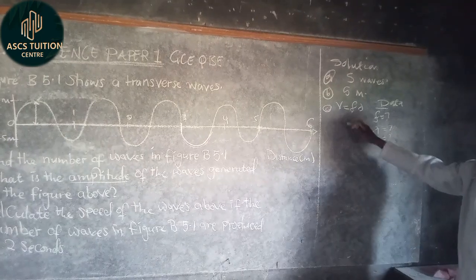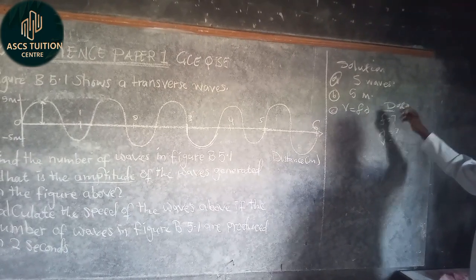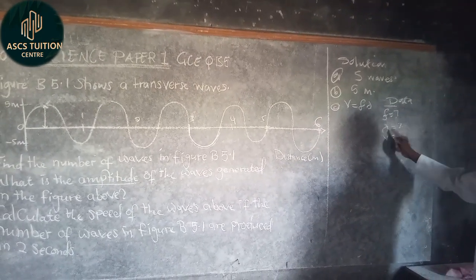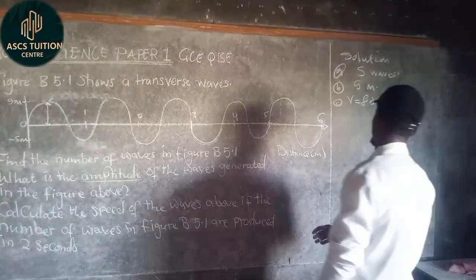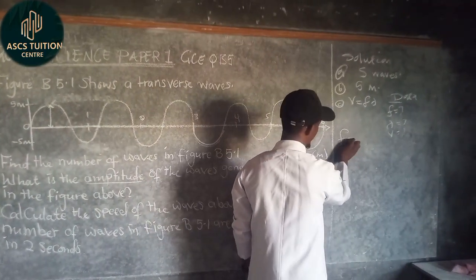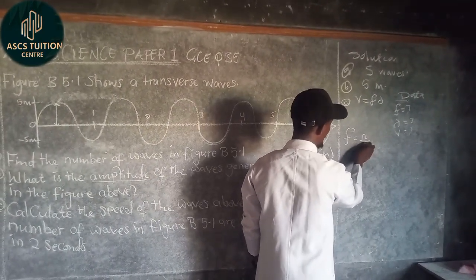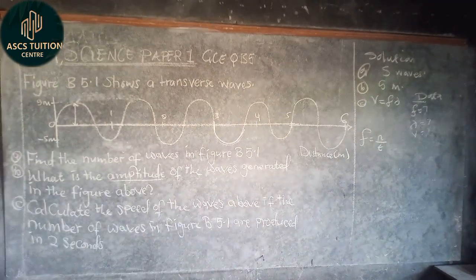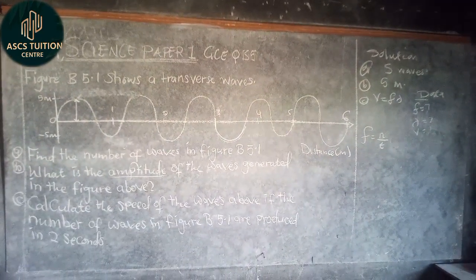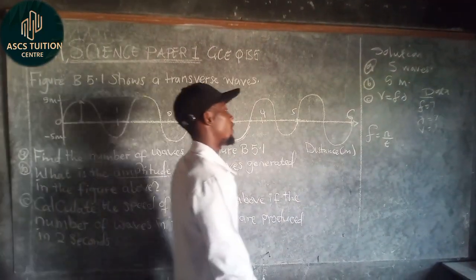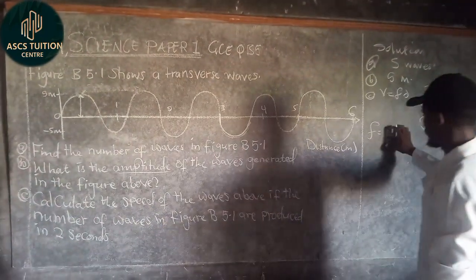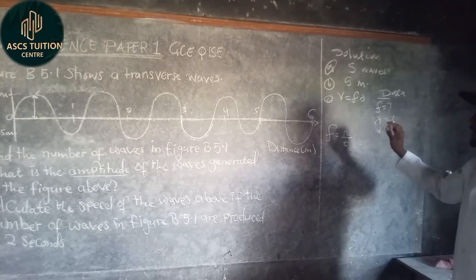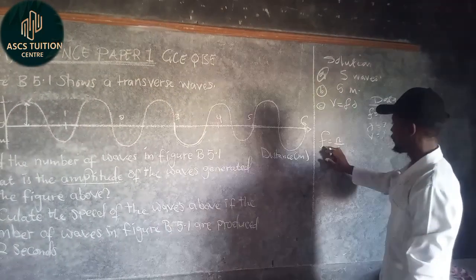Before we proceed, first we determine our frequency and our wavelength. Then we can say that frequency is equal to the number of waves over time. Frequency itself is defined as the number of complete waves produced per second. At this point, we are going to use this formula to determine the frequency.